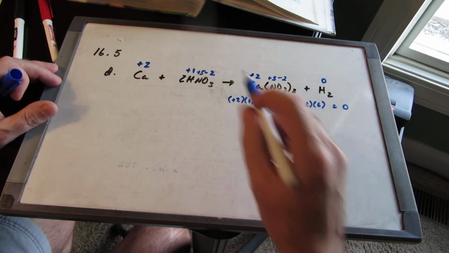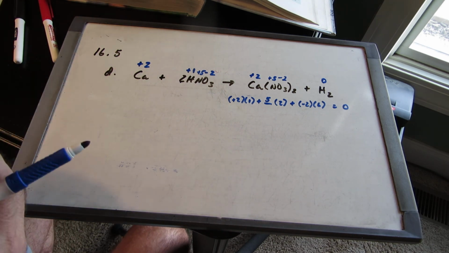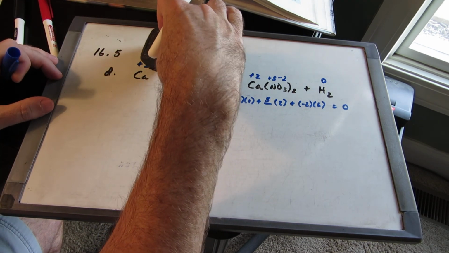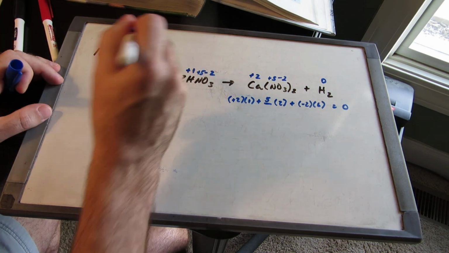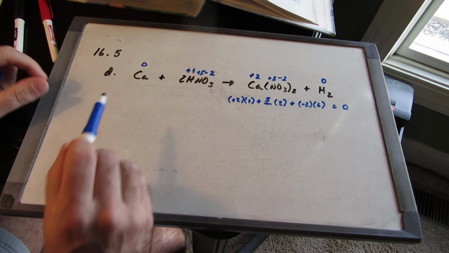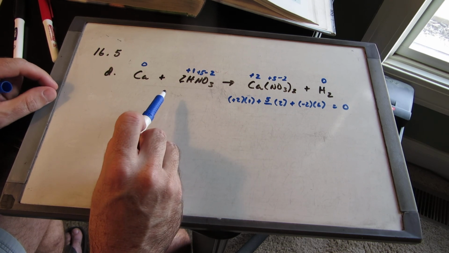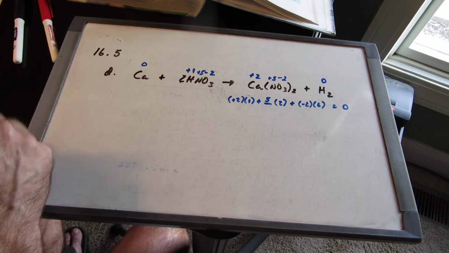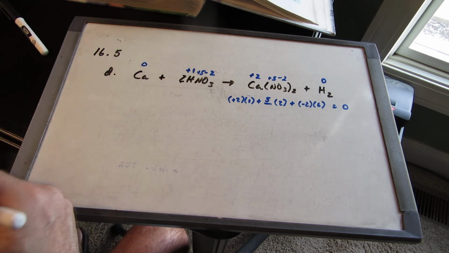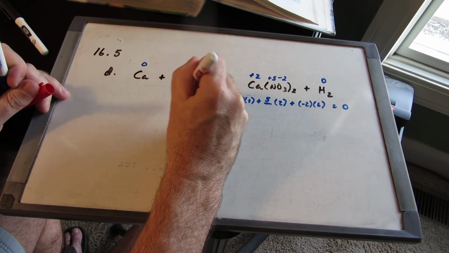Calcium, actually, I was wrong. I admit it, Daniel. I was wrong. Calcium by itself is 0. So how did I figure that out? I knew that hydrogen, which went from 1 to 0, was reduced.